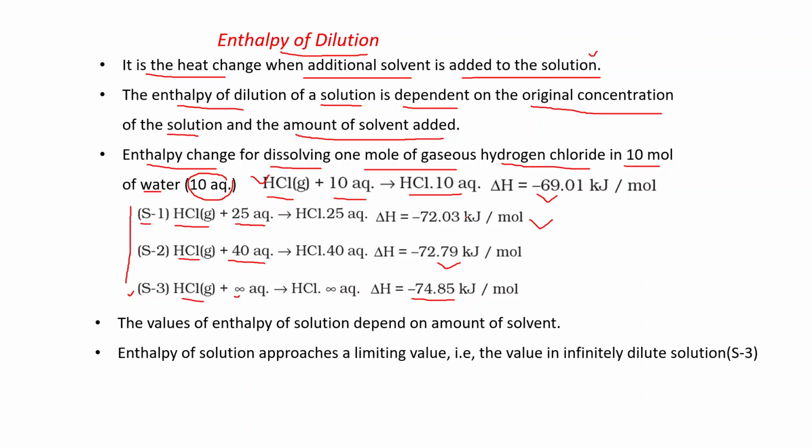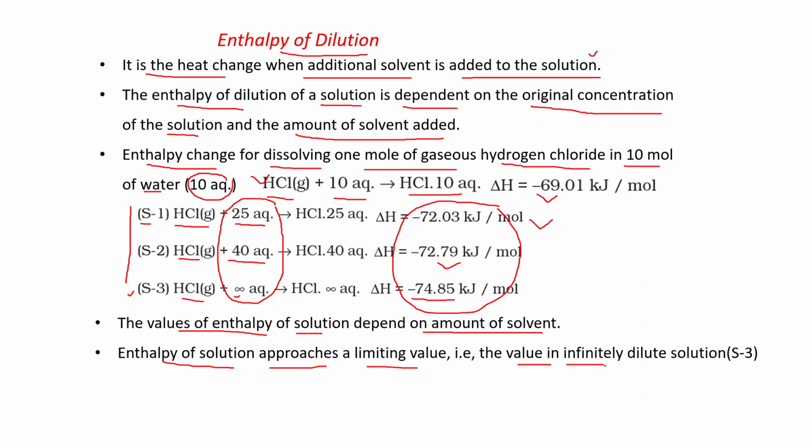then this is referred to as the enthalpy of solution at infinite dilution. Okay, now if you compare these values along with the amount of solvent added, then we can say the values of enthalpy of solution depend on the amount of solvent. Clear? Enthalpy of solution approaches a limiting value, that is the value in infinitely dilute solutions, which is represented by set 3, that is S3.